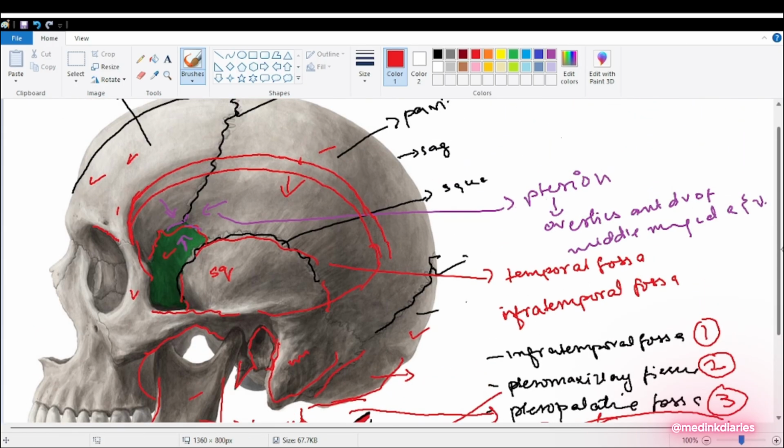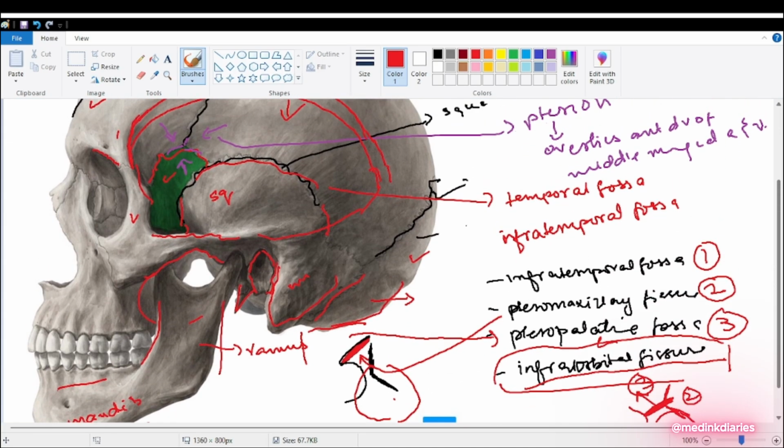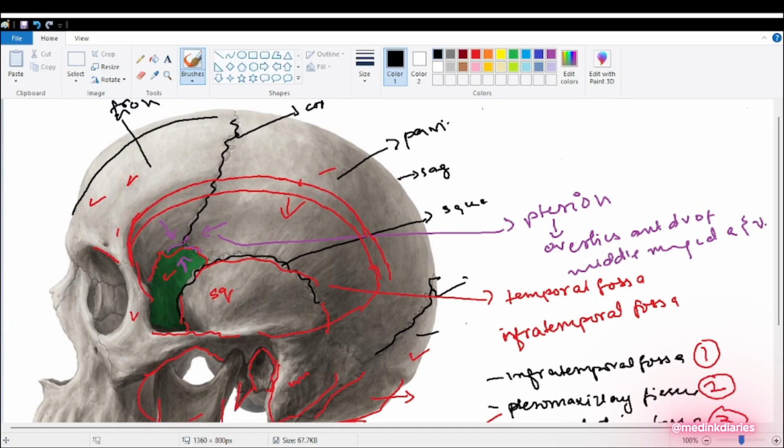So this was the whole lateral view of the skull. In this we studied what the skull is made up of on the lateral side. Let me review a bit. First we studied how it's made superiorly, then we saw the side of the skull, and then we viewed it inferiorly. Then we studied some important lines, the superior and inferior temporal lines.